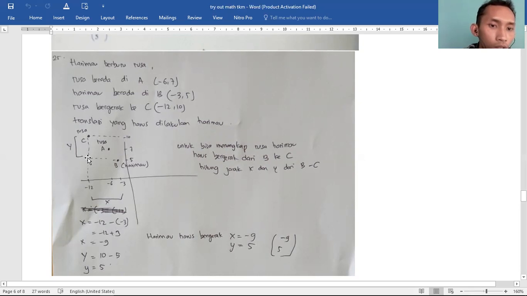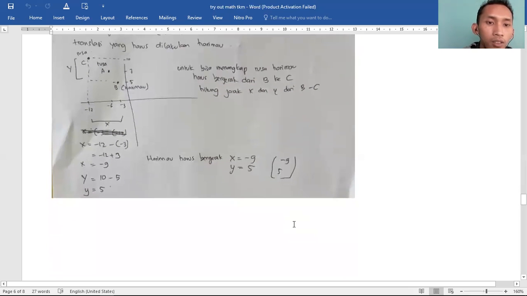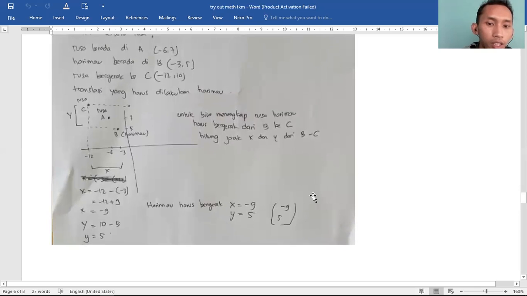And then for Y, it is from 5 to 10. So it's +5. So for X it is -9 and for Y it is 5. So they have to do (-9, 5). It means 9 steps to the left and 5 steps up. Okay, hopefully you understand the translation.